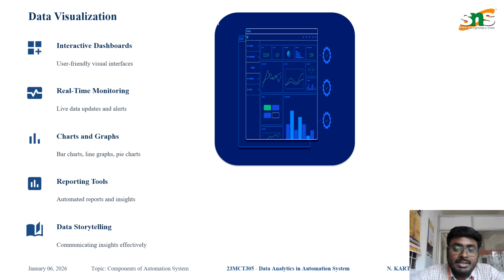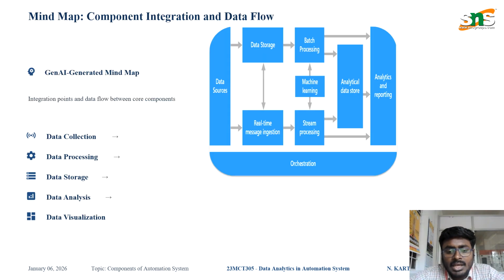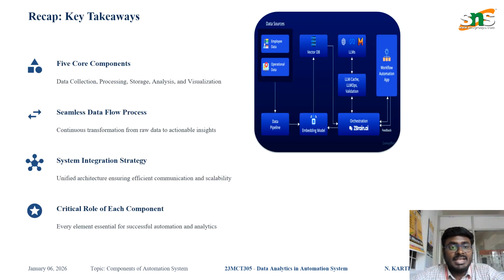As you can see in the mind map, the integration is linear yet interconnected: data collection, followed by processing, followed by analysis, followed by visualization, with feedback loops for continuous improvement. To conclude, for the recap and key takeaways, we have five core components that are each critical.